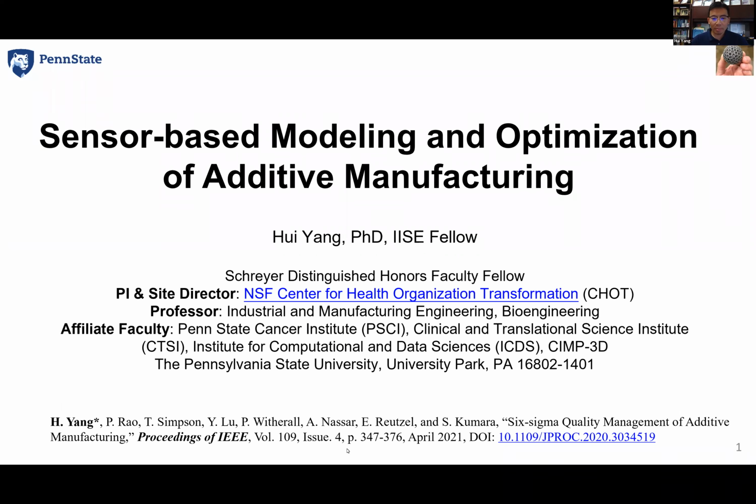Today's talk will be primarily based on this paper, Six Sigma Quality Management of Additive Manufacturing, which is a review paper summarizing a series of papers in the area of quality assurance and quality control of additive manufacturing. For more details, if you are interested, you can dive into this paper.